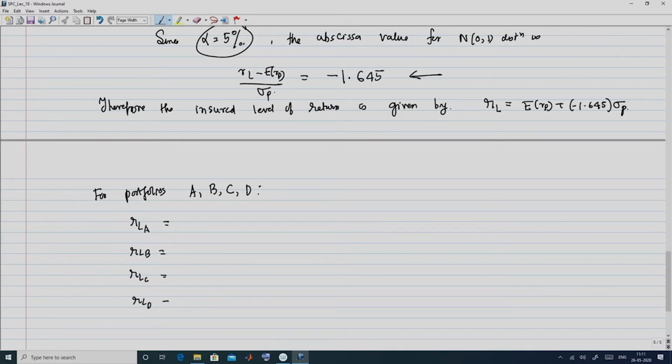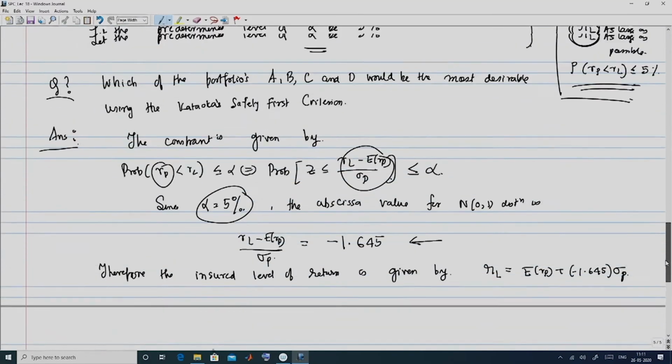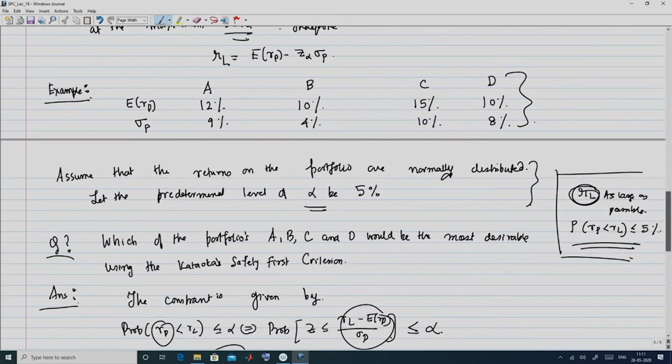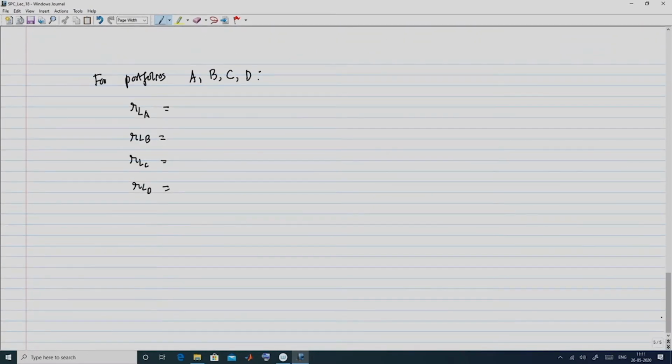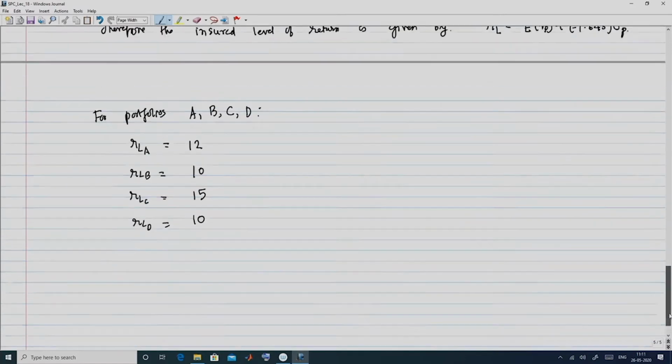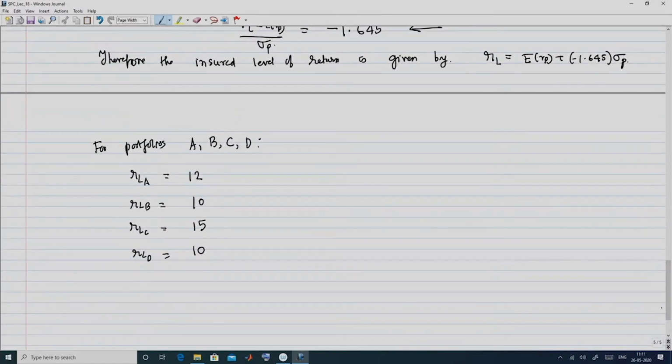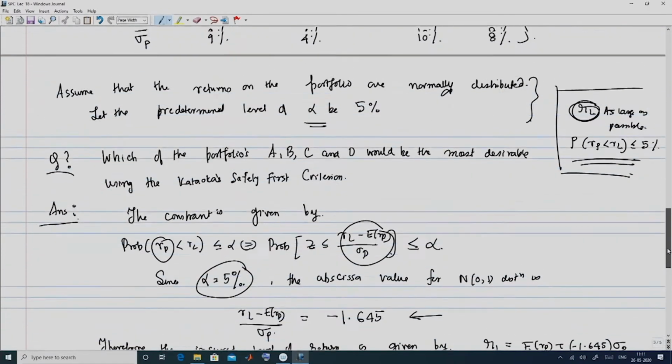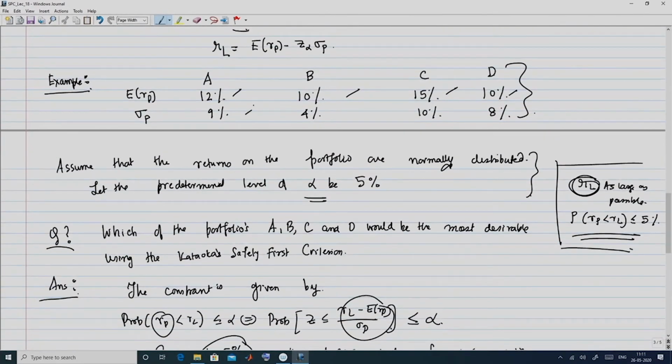These are going to be E of RP. So, going back to the original table, the E of RPs were 12%, 10%, 15% and 10%. We will write those values here: 12, 10, 15 and 10. And then we have sigma p. The sigma p values are 9, 4, 10 and 8.